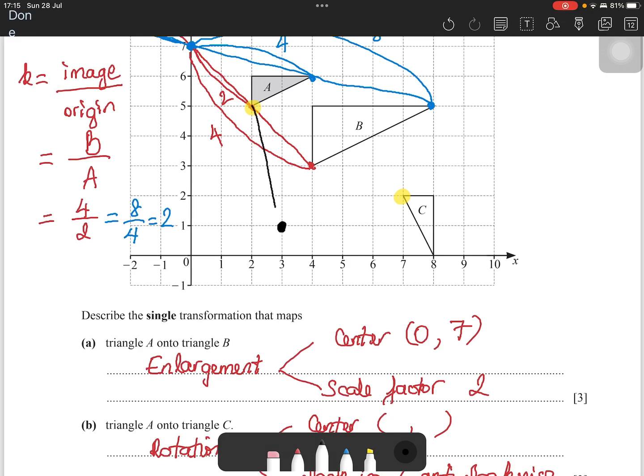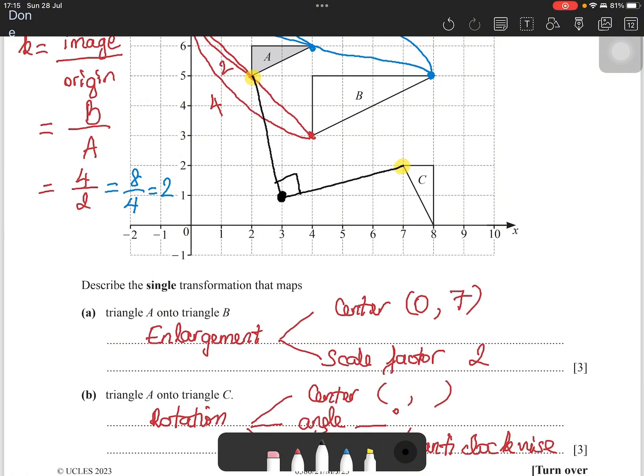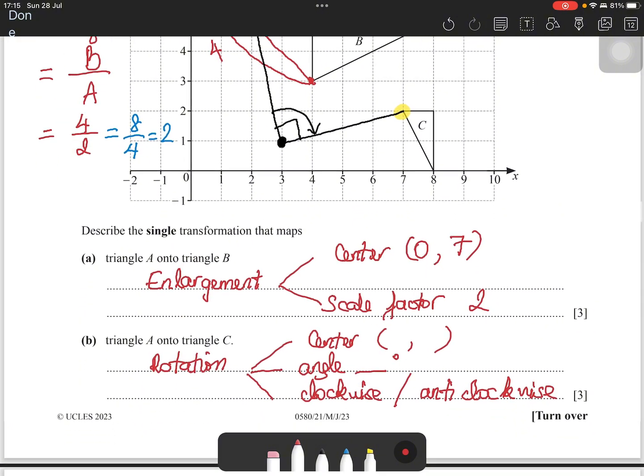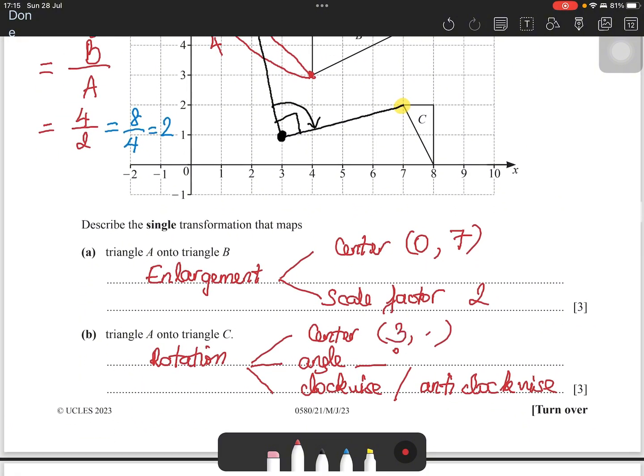We can see that this one and this one make a right angle. And this is a right angle in the clockwise direction. So we can say that the center is 3, 1. The angle is 90 degrees. And it is in the clockwise direction.